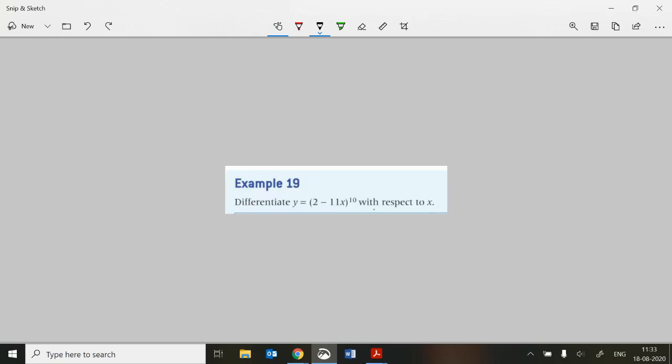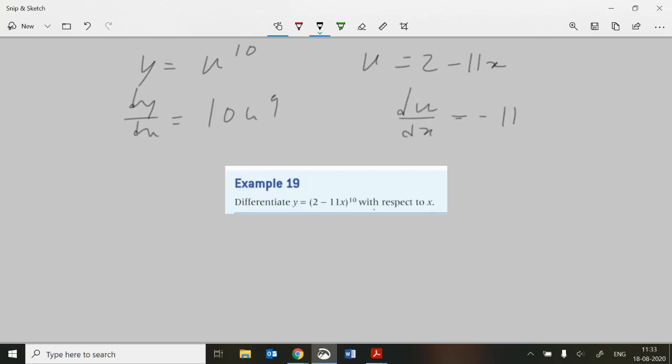But let's just define our u to start off with. So we're saying that y is equal to u to the power of 10, and u is equal to 2 minus 11x. So dy/du equals 10u to the 9, du/dx is going to give us minus 11.